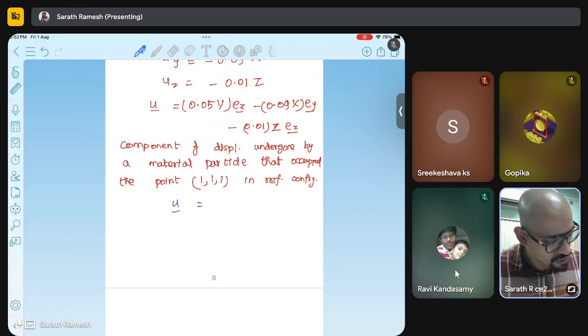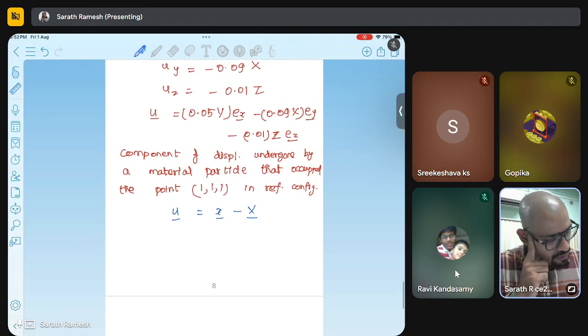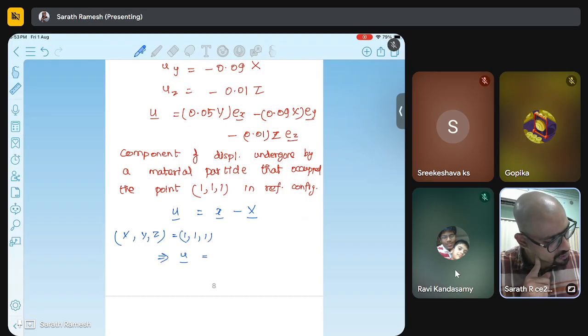The u vector is equal to small x vector minus capital X vector.